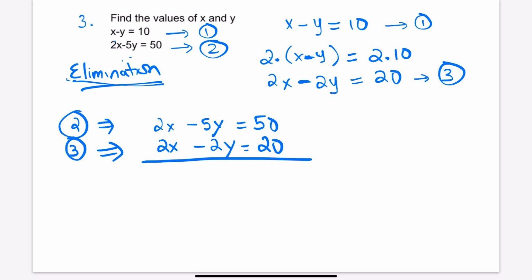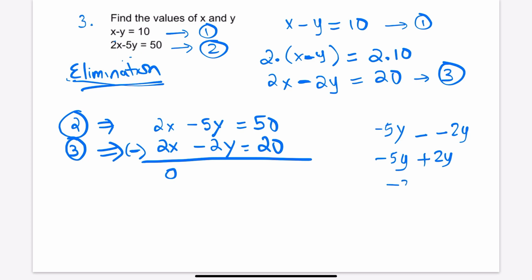If I subtract equation 3 from 2, let's see what happens. I'm subtracting the respective terms of equation 3 from equation 2. So we have 2x minus 2x, this gets cancelled out, which is 0. Next we are left with negative 5y minus negative 2y, pay attention here, that is negative 5y plus 2y.